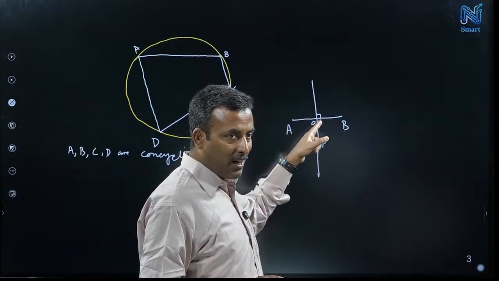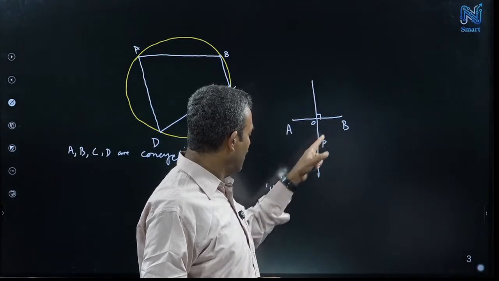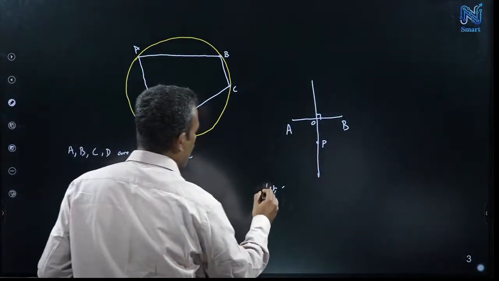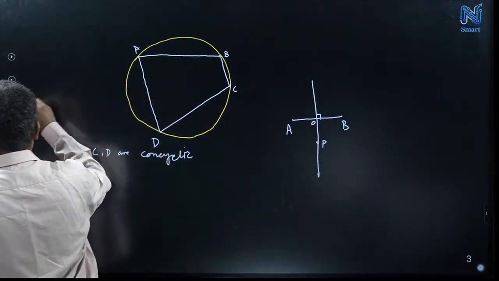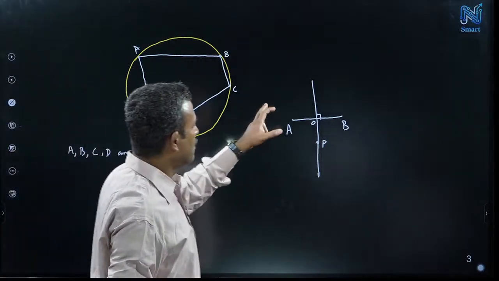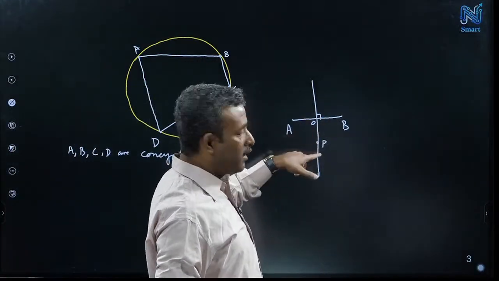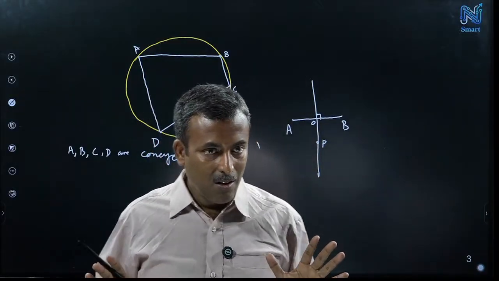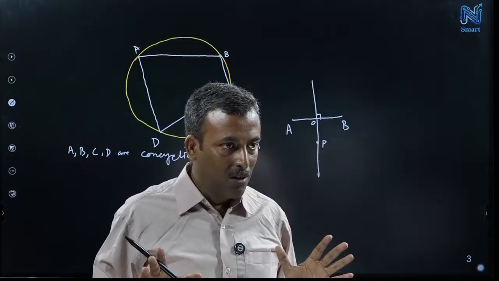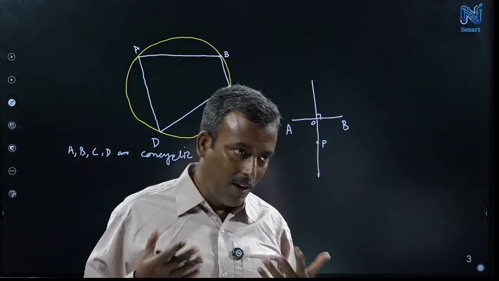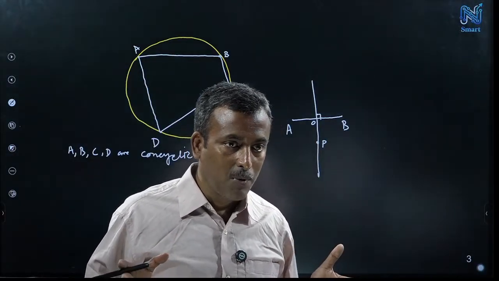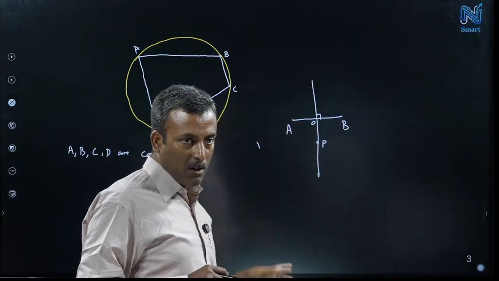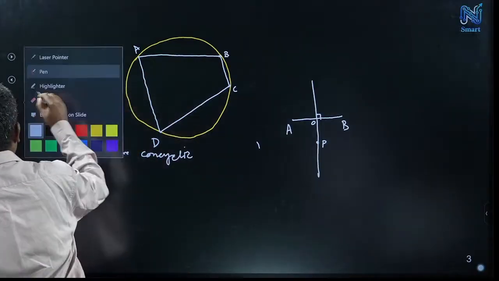So using side angle side, we have AP equal to PB. So we can take P as center. So there are infinitely many circles which pass through the end points A and B of the line segment, not the whole straight line, the end points of the line segment.